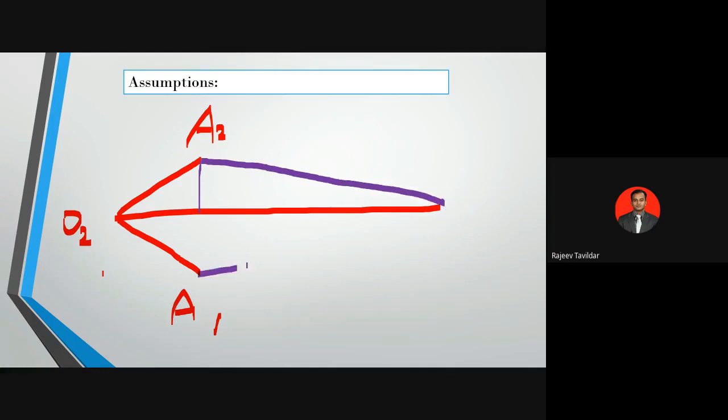So if this entire angle is 38, then this angle, only the half angle, will be 19, right? So I know this angle is 19. This angle is obviously 90. So can I find out this angle then? Okay, so it will be 180 minus 90 minus 19.